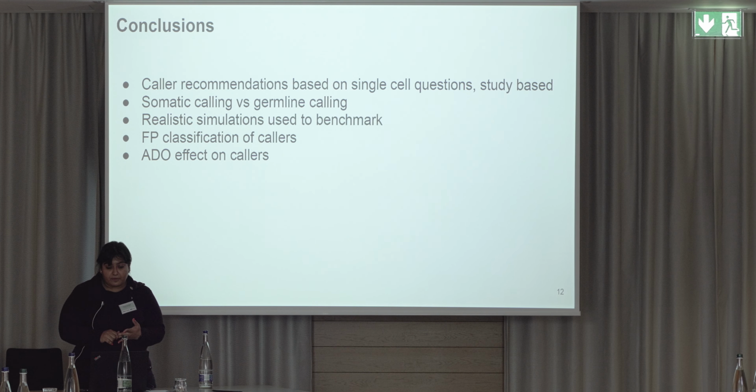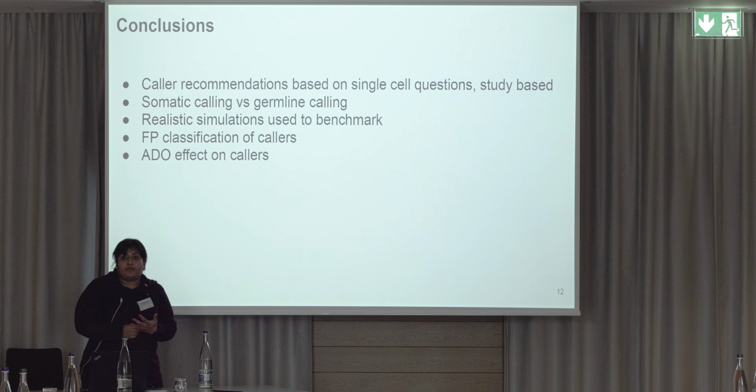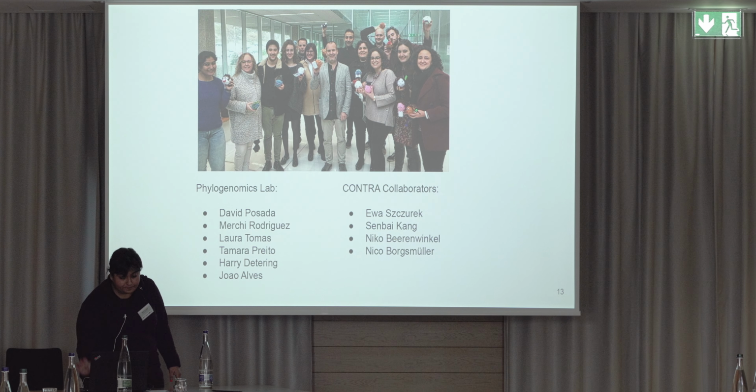We tried to keep our simulations realistic. Not many people simulate actual sequences. Then we also have false positive classification based on callers. And there is no other study showing a benchmark of single cell data. And then what is the ADO effect on callers? Because ADO is a very important part of single cell sequencing.